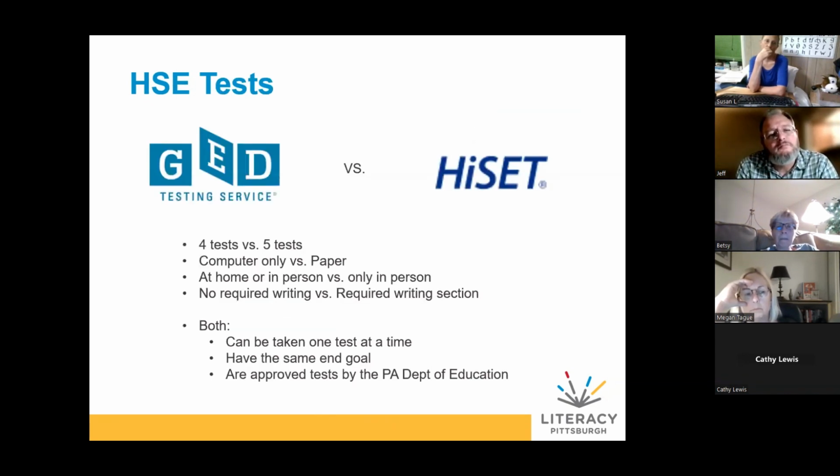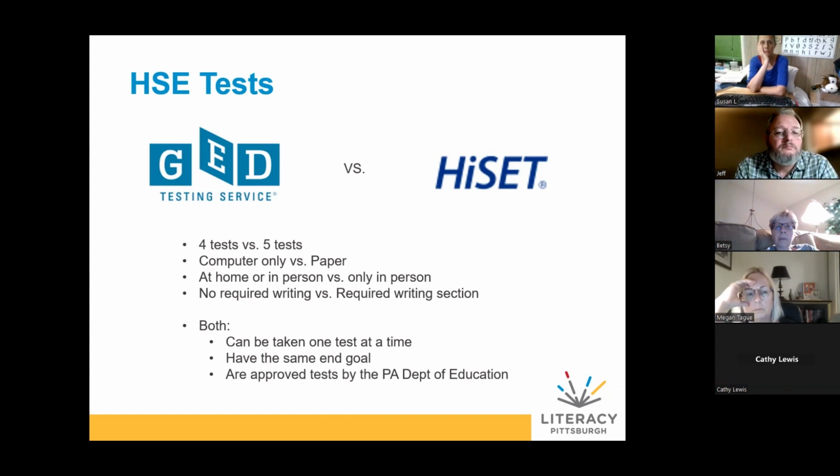So why do most Literacy Pittsburgh students end up taking the GED? Well, the GED is 4 tests instead of 5, and you have to pass all of the tests to earn your diploma. The GED is computer only, while the HiSET is paper.